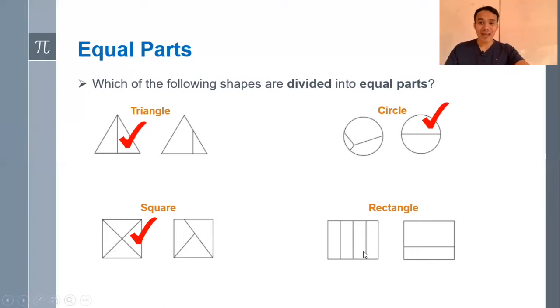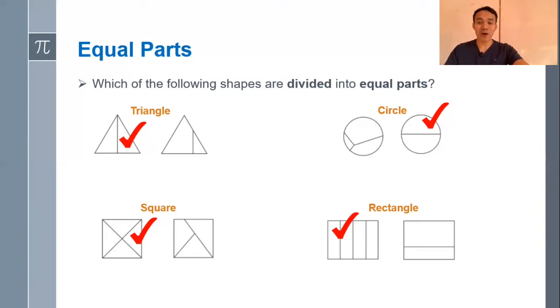Which do you think is divided into equal parts? I think it's pretty obvious in this example, and it is the first rectangle. Grade 2, there are other ways of dividing this rectangle into 4 equal parts, and I want to challenge you to find these other ways.